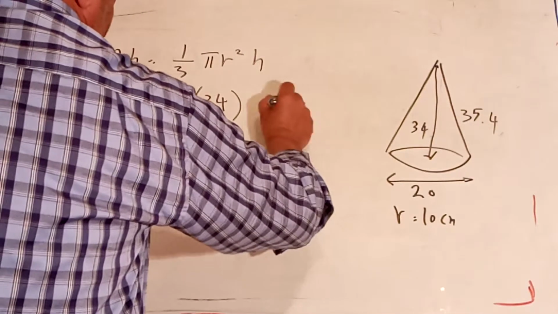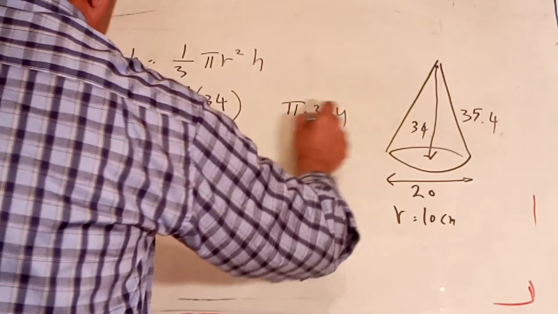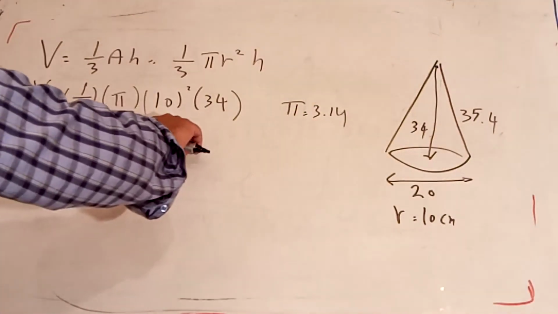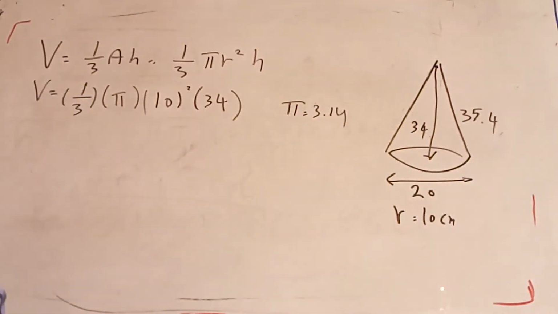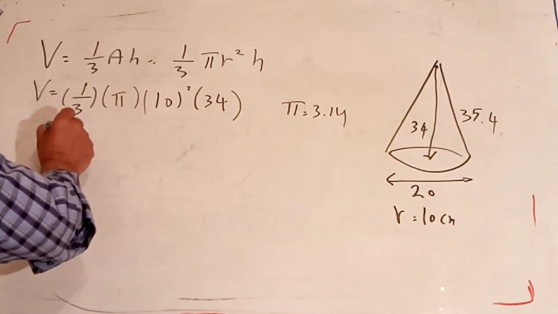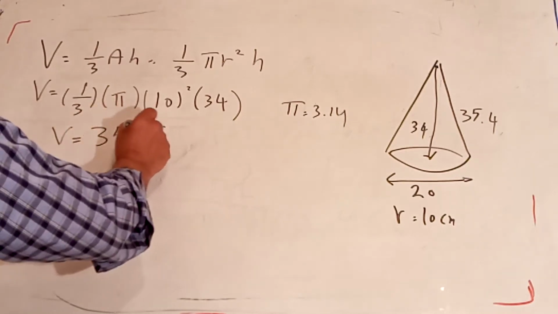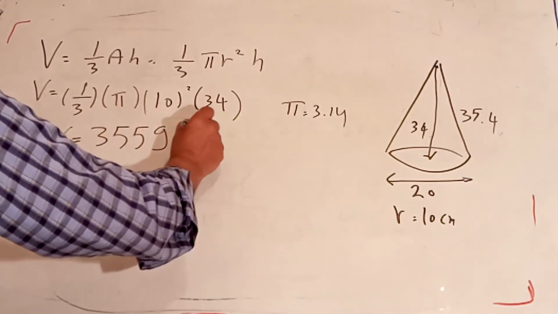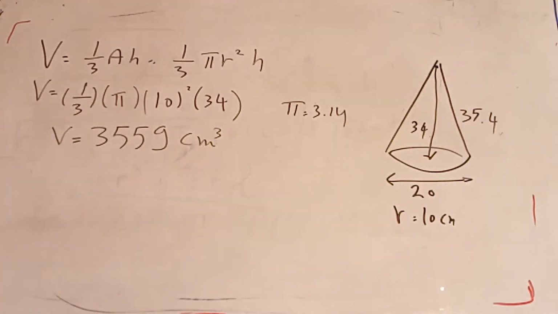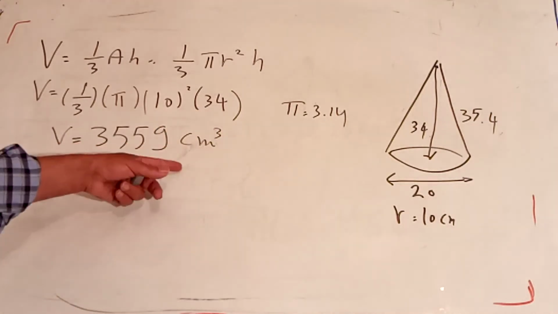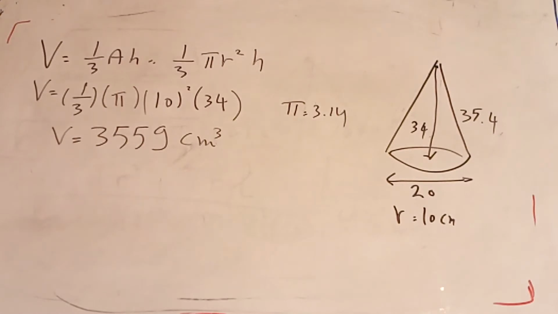Pi equals 3.14 multiplied by 100 by 34, so 3,400, so it will be 3,559 cubic centimeters. Just multiply them with your own calculator, please.